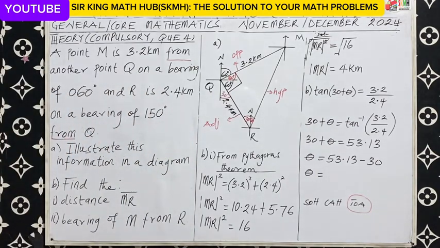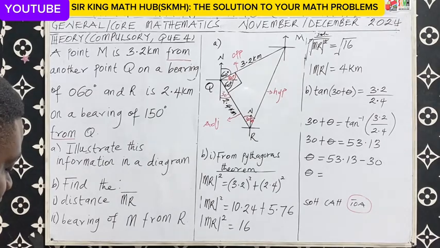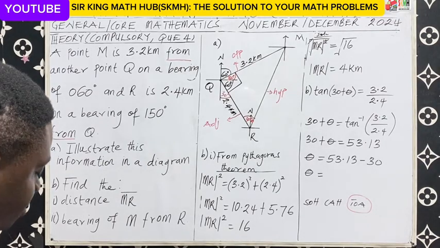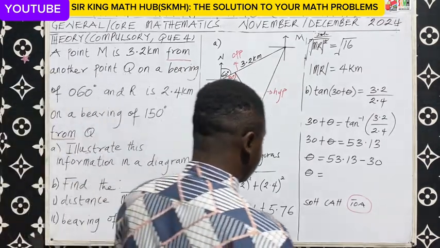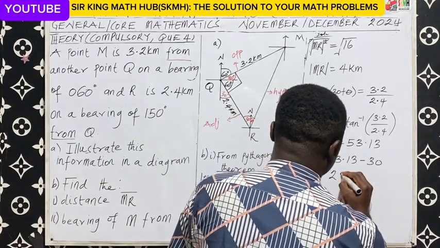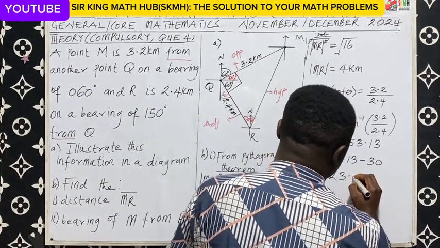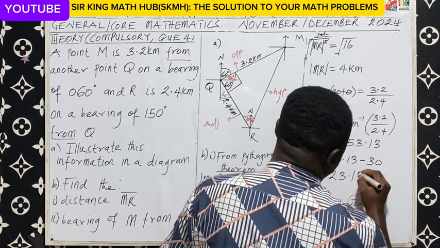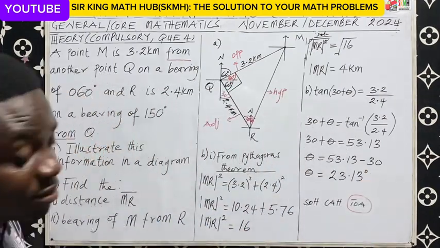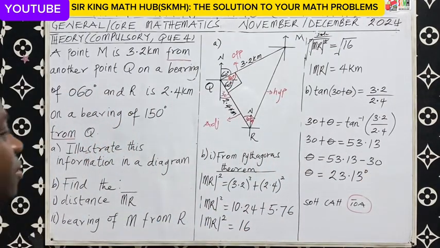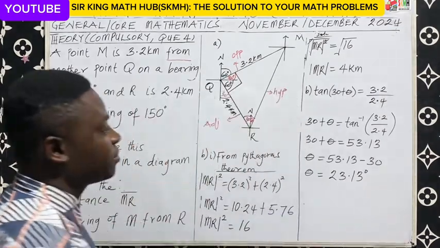So 53.13 minus 30 is 23.13 degrees. So what is the conclusion?